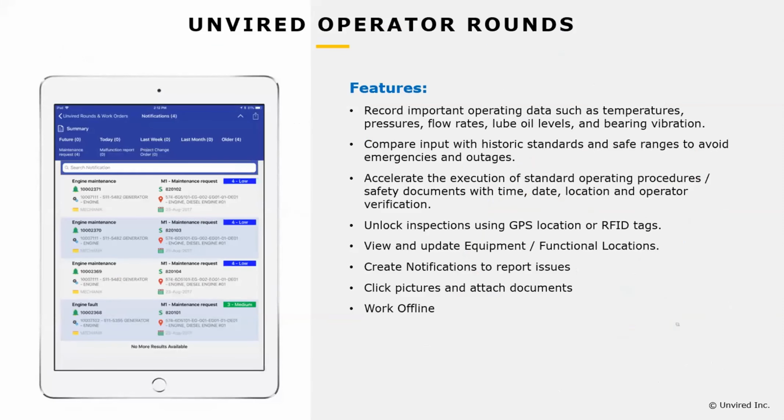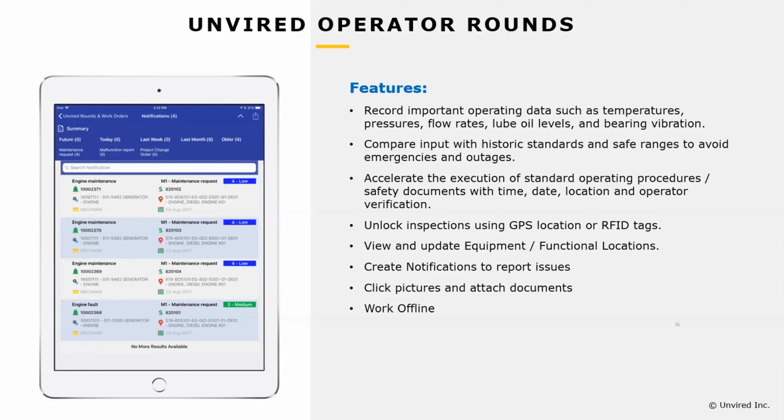So of all the solutions that Alok talked about earlier, we'll look at some of the solutions for today's demo. And one of them would be the Unwired Operator Rounds. The operator rounds allows an operator to get a list of equipment and walk around the plant on a daily, weekly, or monthly basis, capturing some KPIs for that particular equipment.